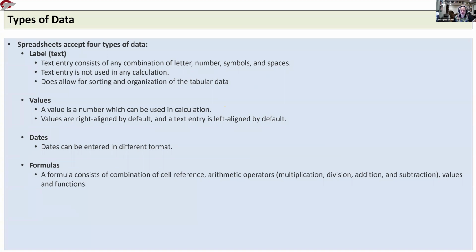But it's there to allow you to sort and organize data in tabular form. So you can define how data is structured by giving it correct labeling. Your values are numerical and typically right aligned by default, as opposed to text being left aligned. That's just a visual reference that Excel, or most spreadsheets, do by default, but you can override all those if you wanted to.